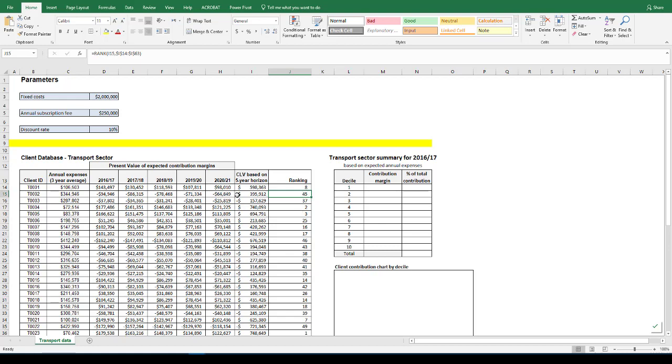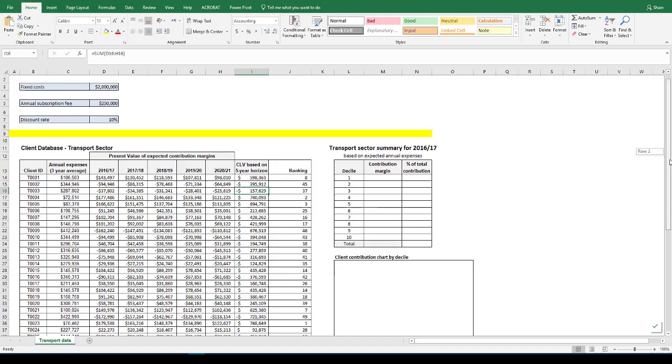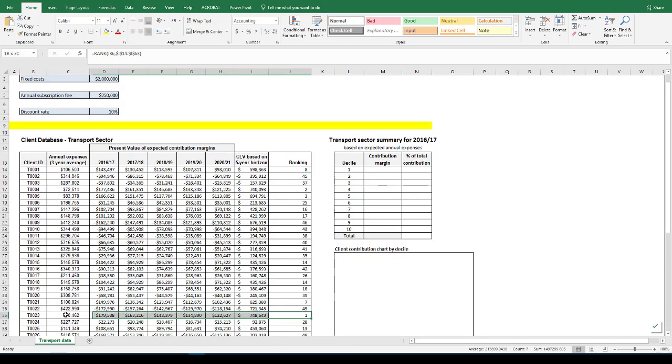Fair enough, because you can see that the CLV over the 5 years is negative. The third customer, 37. It's not good among 50 customers because the CLV is negative. The first-ranked customer is customer number 23 because the CLV over the 5 years is $748,000.